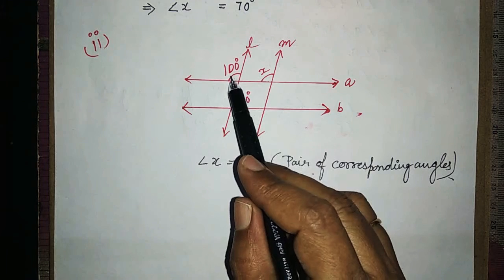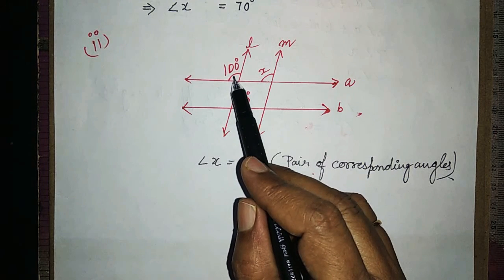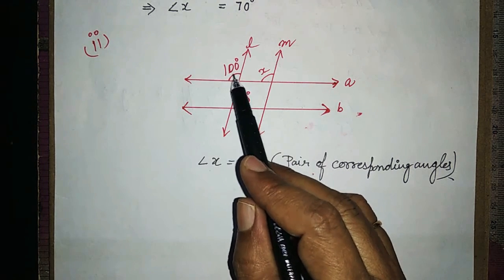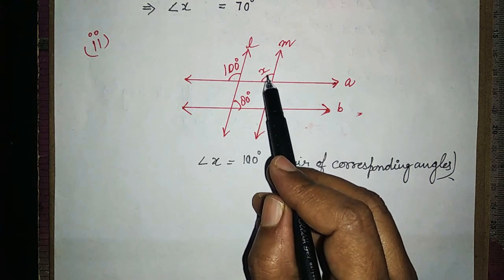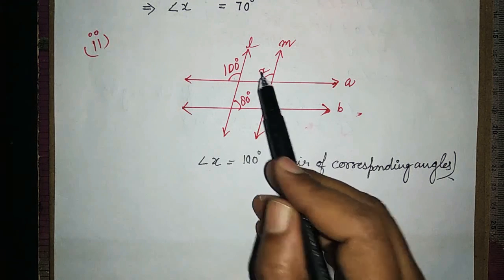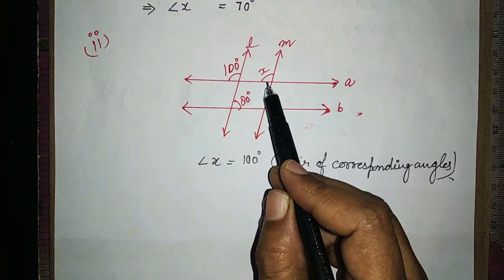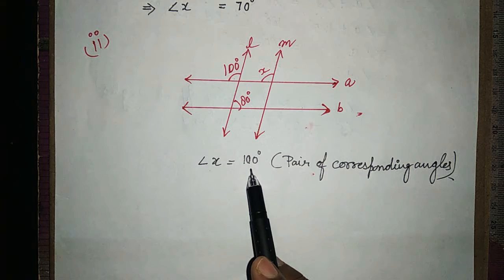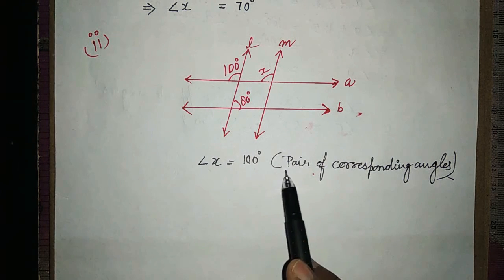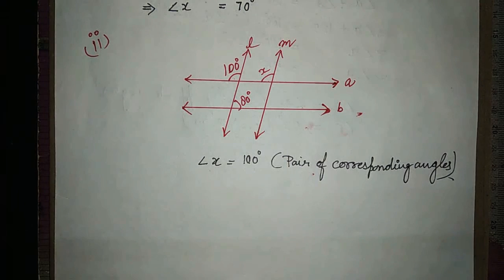So you can see here they are corresponding. Okay. As they are corresponding, so they are equal. So measure of X will be 100 degree. Okay. So your answer will be angle X is equals to 100 degree. Why X is equal to 100 degree? Because they are pair of corresponding angles.